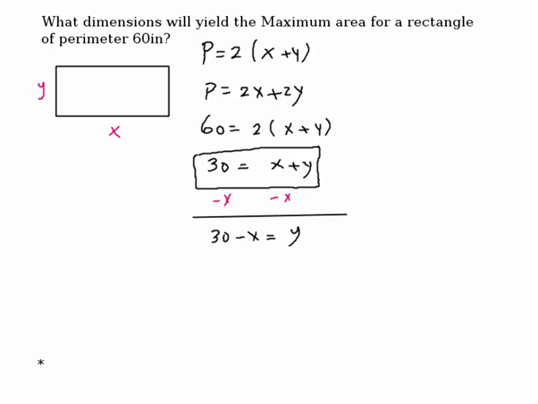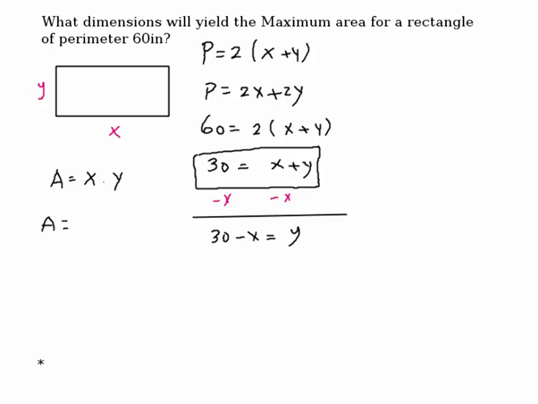Now I can write the formula for area. Can somebody tell me what the area of the rectangle would be equal to? Area is equal to what? Length times width, right? Or x times y. So we want to solve for this.